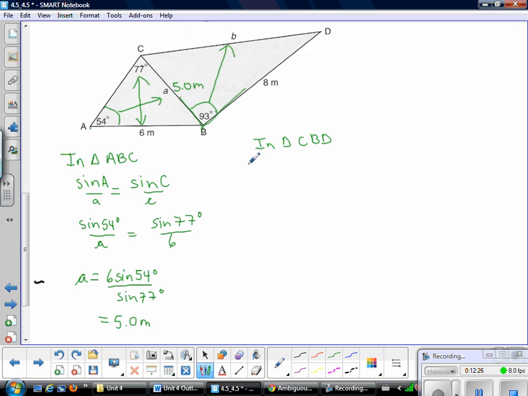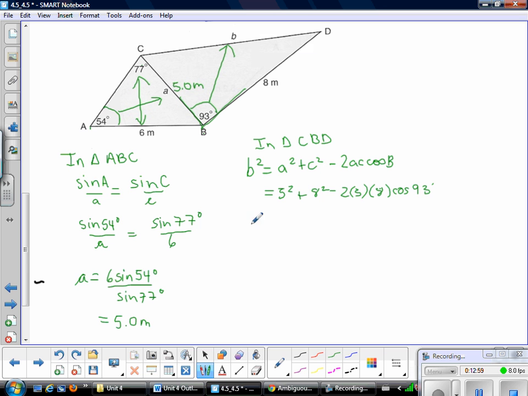So I'm going to use b squared, because I'm finding B, equals a squared plus c squared this time, minus 2ac cos B. Again, it's a matter of substituting all our information in. So b squared equals 5.0 squared plus 8 squared minus 2 times 5.0 times 8 times the cos of 93.